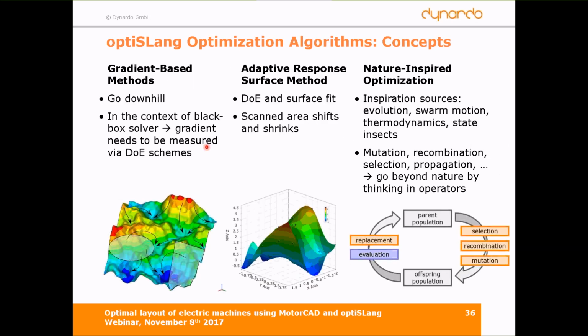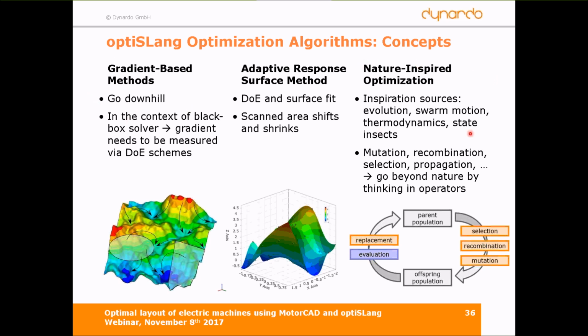In terms of optimization, we have optimization algorithms which you can apply directly to the simulation, or you can run them on the meta model: slim, efficient gradient followers, or powerful global optimizers. Here the idea is just to go downhill.